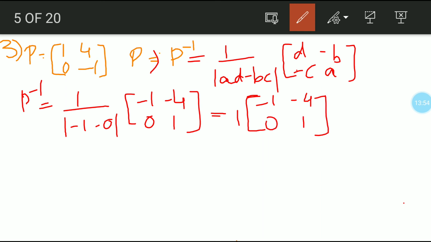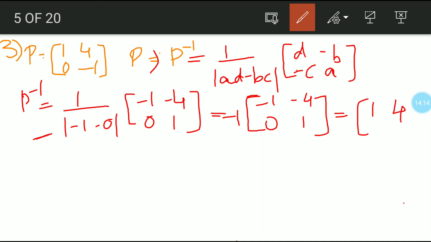Now what is the answer going to be? Here minus is there, so minus 1. We are going to multiply with each and every term: minus into minus is plus, minus into minus is plus.